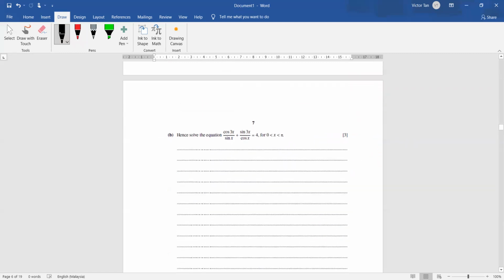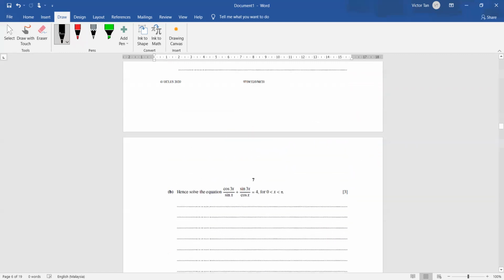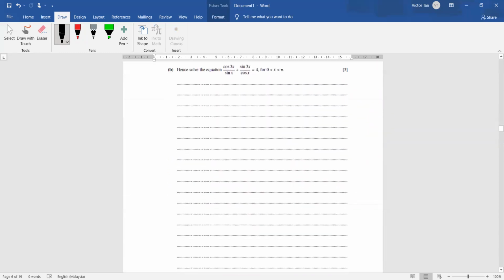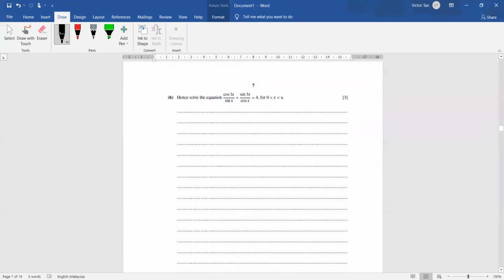And solve the equation equal to 4. So this will be 2 cotangent 2x equals 4. Tangent 2x equals one half, 2x equals arctan of one half, 0.464.